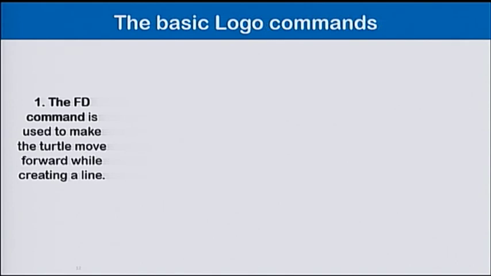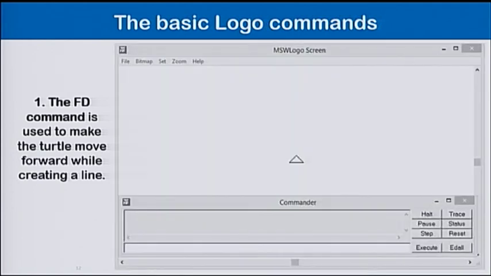The FD command is used to make the turtle move forward while creating a line. You must type the FD command, leave a space, then type a value, which indicates the distance by which the turtle will move.